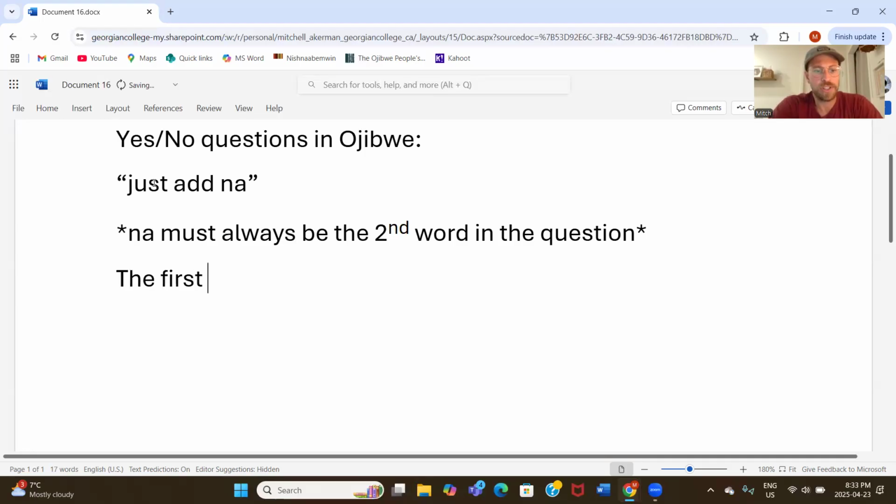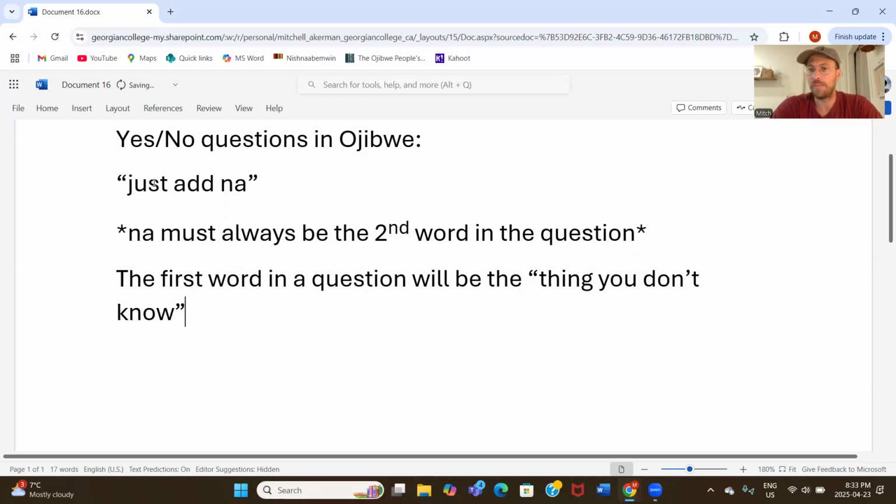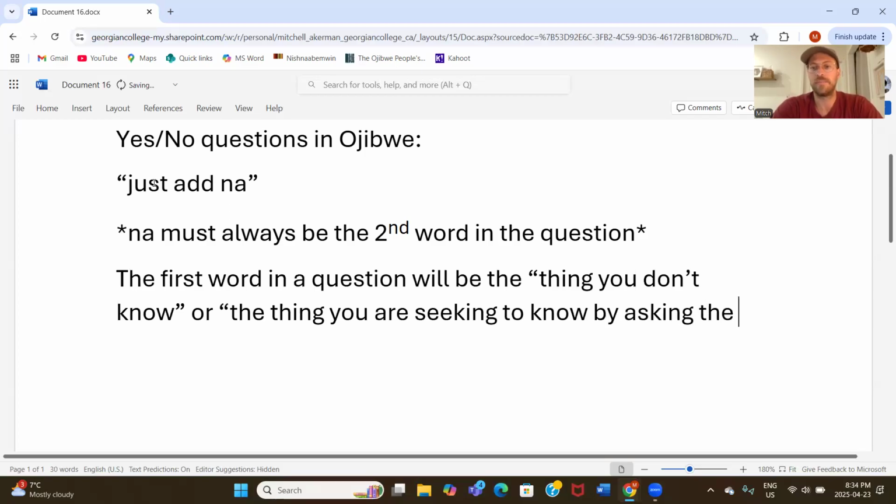The first word in a question will be the thing you don't know, or the thing you are seeking to know by asking the question. We'll get into that as we do a couple examples, but it's really important to know these things.